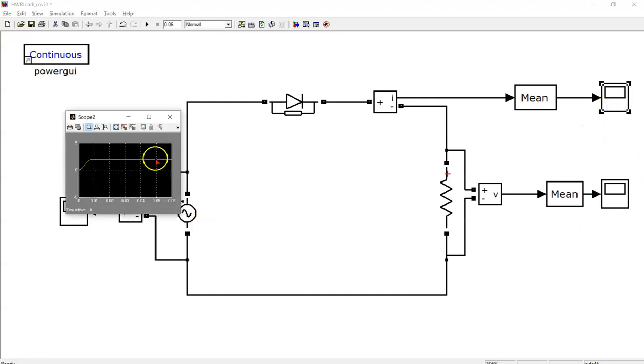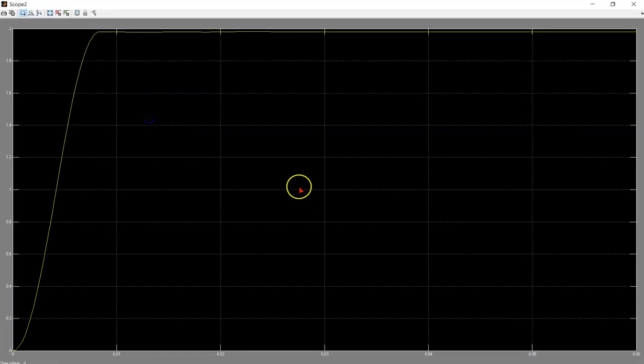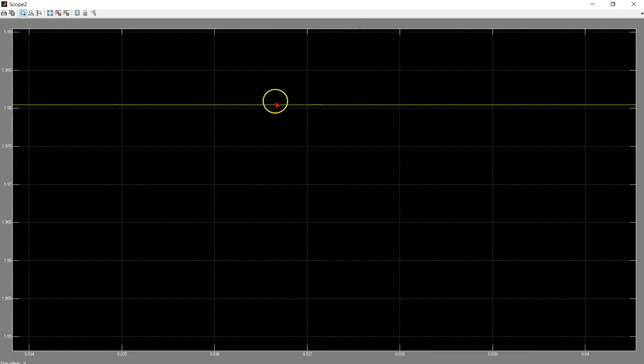So we determine the average output current. Roughly we obtain 1.98 amp.